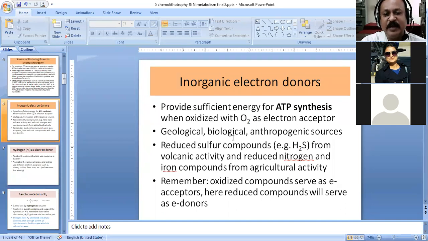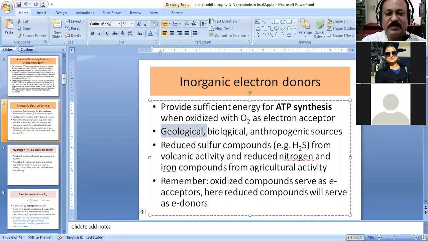Now these electron donors can come from different sources. They can come from anthropogenic sources, for example, agricultural activities. When we apply fertilizers to the soil, certain reduced compounds are added to the soil, and these reduced compounds are the ones which provide the electrons for chemolithotrophic organisms.